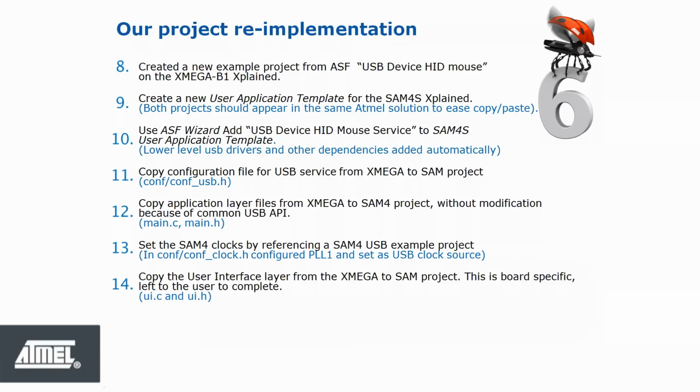Copy the configuration file for the USB service from Xmega to the SAM project. 12. Copy application layer files from Xmega to the SAM4 project, without modification because of the common USB API. 13. Set the SAM4 clocks by referencing a SAM4 USB example project. 14. Copy the user interface layer from the Xmega to the SAM project. This is board-specific, left to the user to complete.